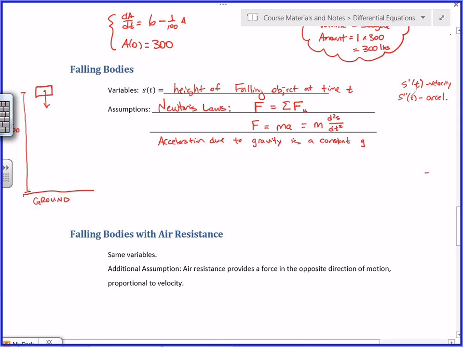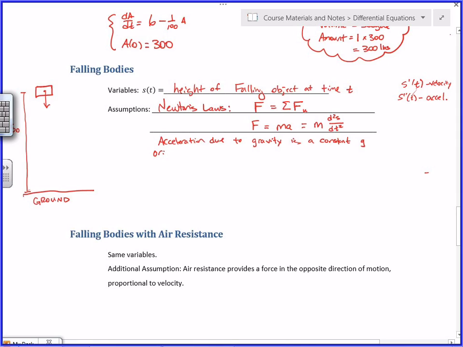There are plenty of examples where they assume down is positive, so that as everything moves downward, we think of that as the positive direction. I'm going to do it both ways just to keep you on your toes. You have to recognize in the problem whether positive is down or positive is up. So let's assume this is oriented the typical way.